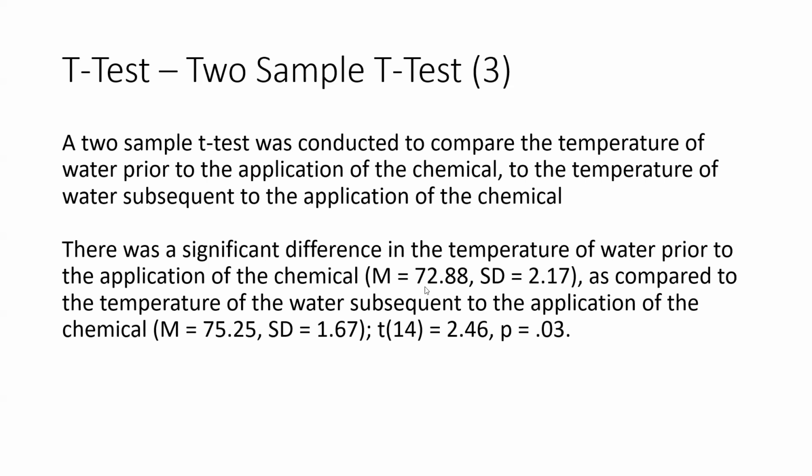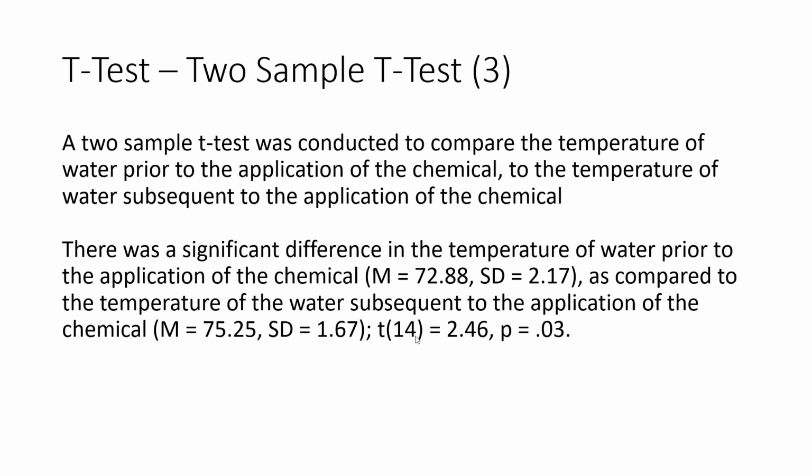Here is the mean and the standard deviation. Okay, this is no chemical. Mean, standard deviation, as compared to the temperature of the water subsequent to the application of the chemical. So this is with the chemical. There's the mean, there's the standard deviation. It's the mean and standard deviation of each group of observations. All right?